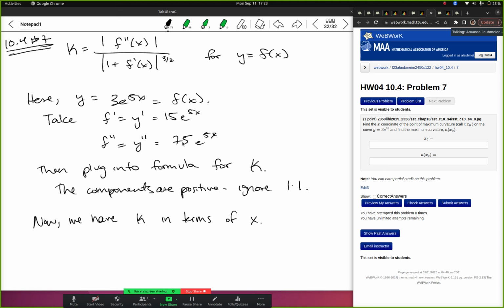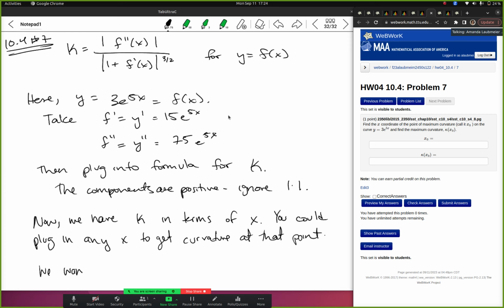So up top, you're just going to have this 75 e to the 5x divided by 1 plus 15 e to the 5x to the power of 3 halves. And so for any given x value, you could evaluate kappa. So you could plug in any x to get curvature at that point.